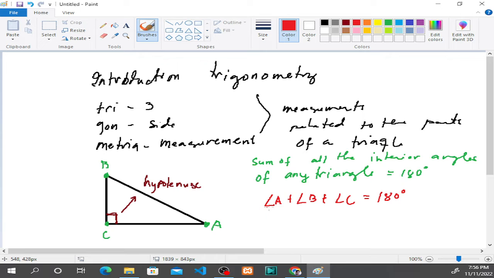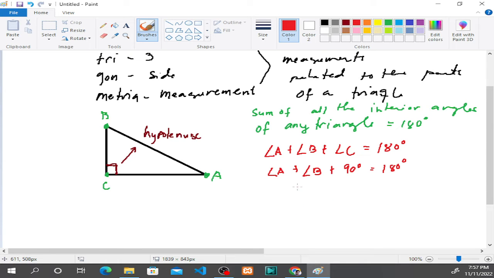Since it's a right triangle, angle A plus angle B, plus angle C, which we know is 90 degrees, is equivalent to 180 degrees, which means that angle A and angle B are complementary.